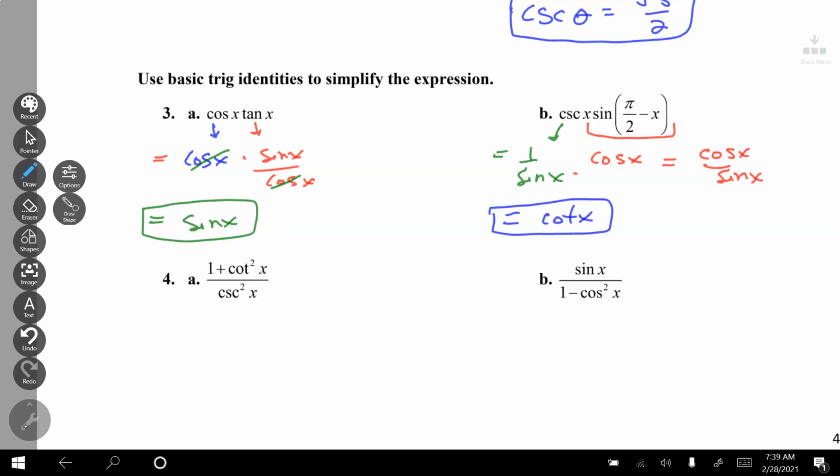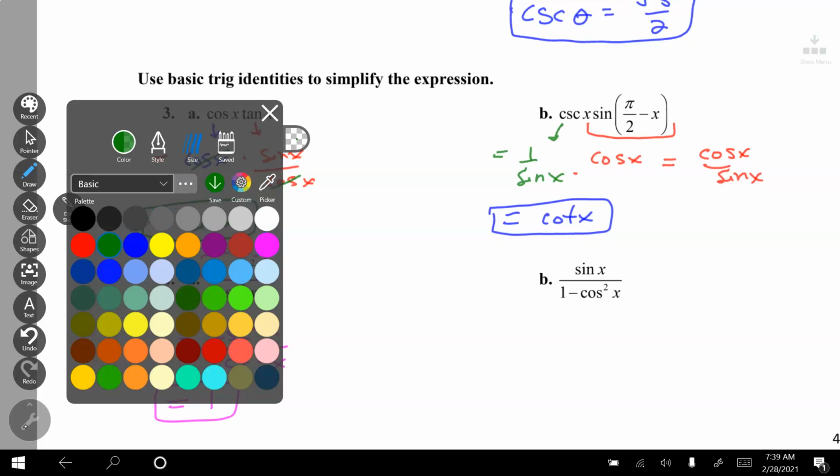For this next problem, I see 1 plus cotangent squared, and off my reference sheet, I see that this is equal to cosecant squared of x, and it's all over cosecant squared of x, and something over itself is just 1.